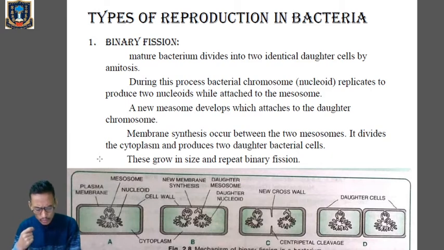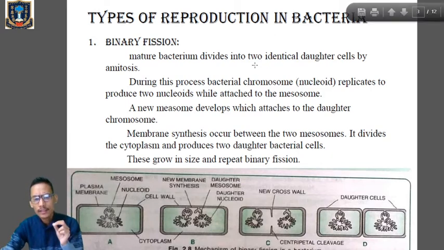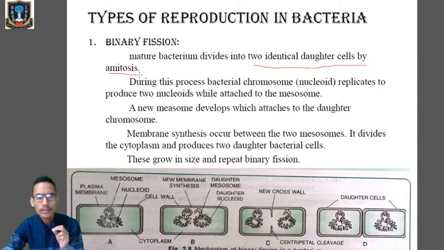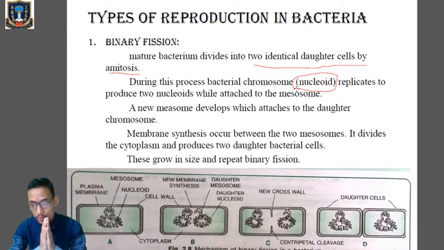Clear? So a mature bacterium divides into two identical daughter cells by means of mitosis. During this process, the bacterial chromosome is called the nucleoid. Now what do you mean by nucleoid? If you remember, in your last class, I showed you the structure of the genetic material of bacterial cells.